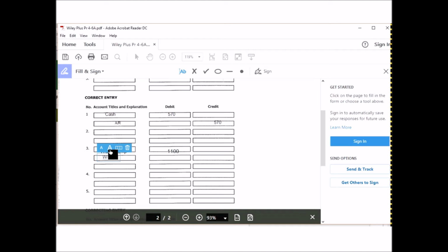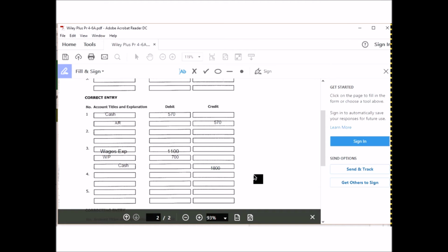The rest of the work was expensed last month, and I showed that I owed the money as a wages payable. So when I pay it, that payable is now gone. I'm reducing my wages payable. My credit then would show that I actually did pay the money, the cash, for $1,800.